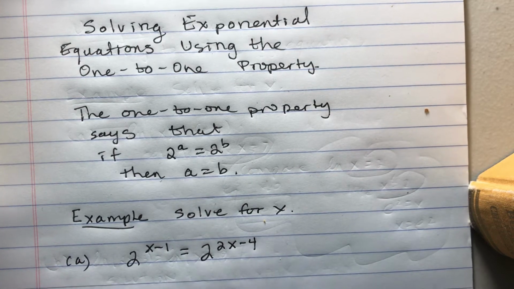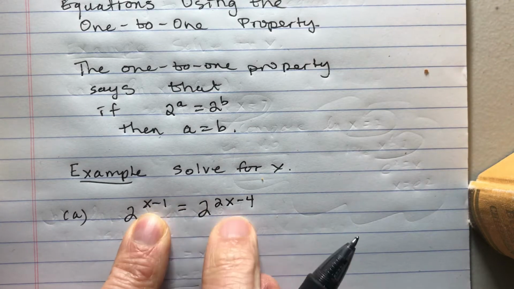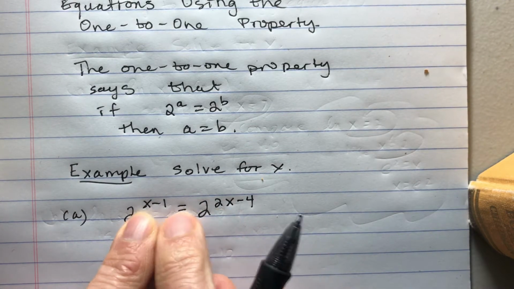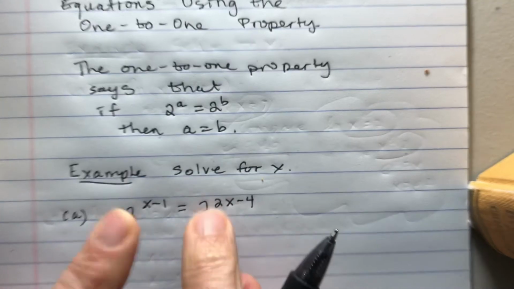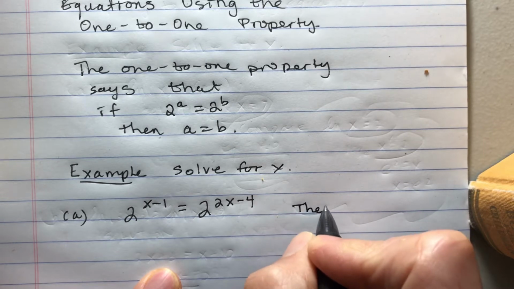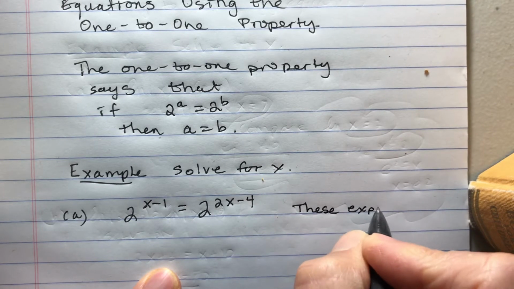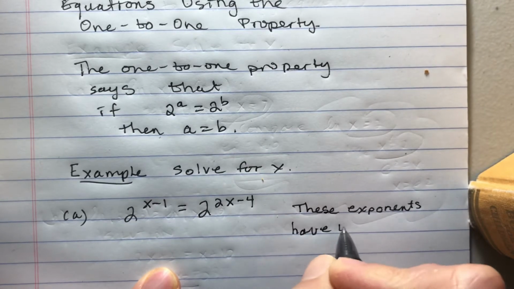So in this problem right here, we have 2 raised to the x minus 1 on the left and 2 raised to the 2x minus 4 on the right. So they have the same base.